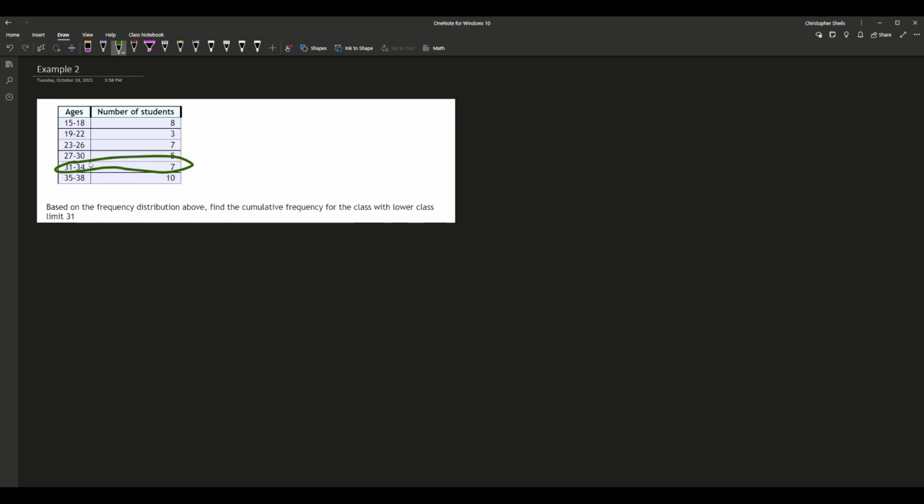So we want to add up all of the frequencies from this class and everything before it. So I want to add up all of these numbers. So this is just 8 plus 3 plus 7 plus 5 plus 7. This is 11 plus 7, which is 18, 23, 30. So the cumulative frequency for the class with the lower class limit 31 is 30.